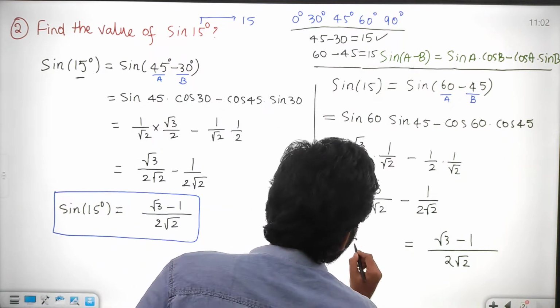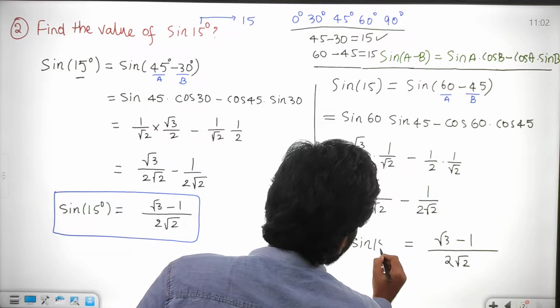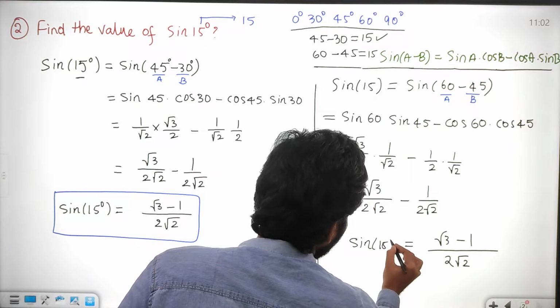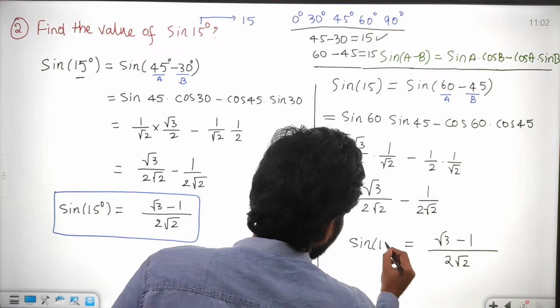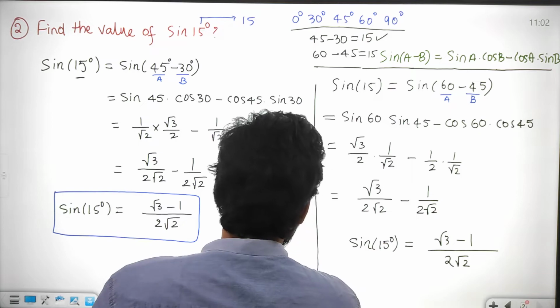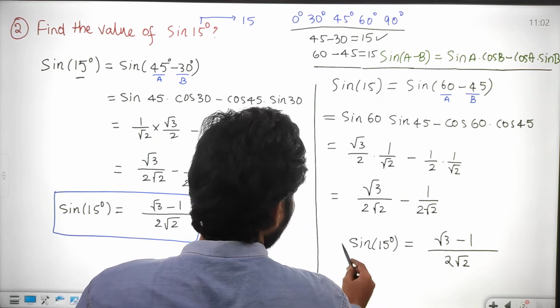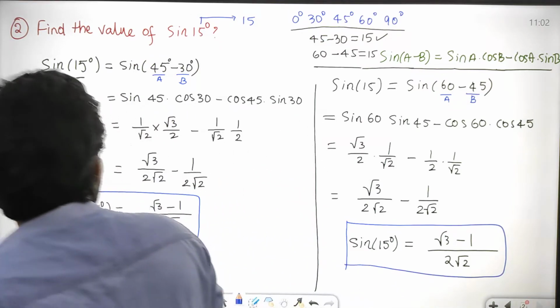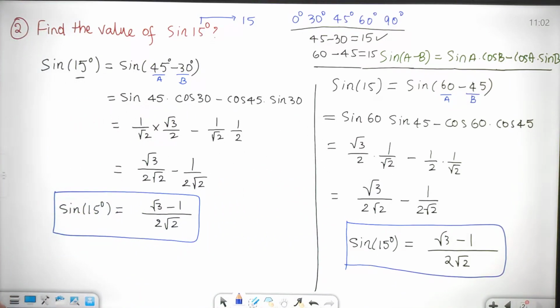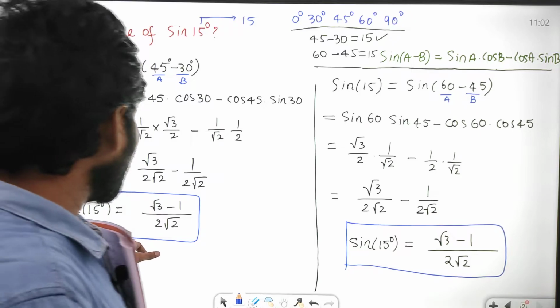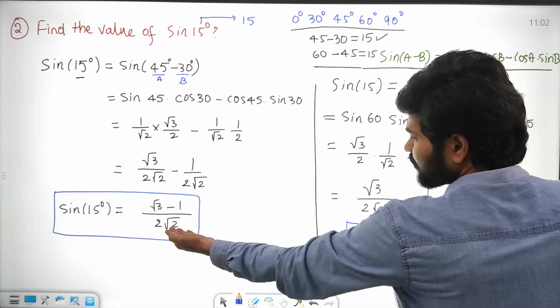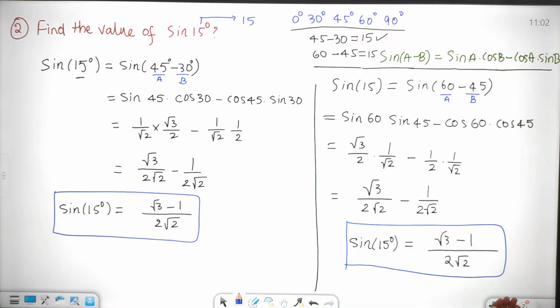This is the value of sin 15. See here, carefully observe. If you observe the answer, it is the same: root 3 minus 1 upon 2 root 2.